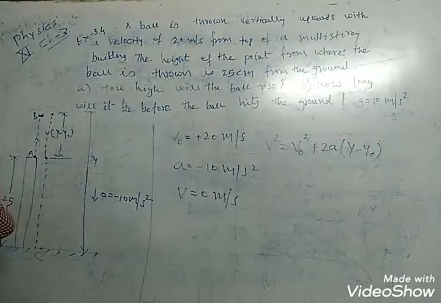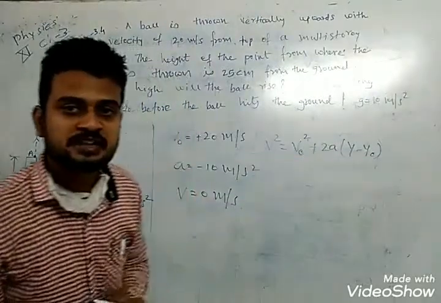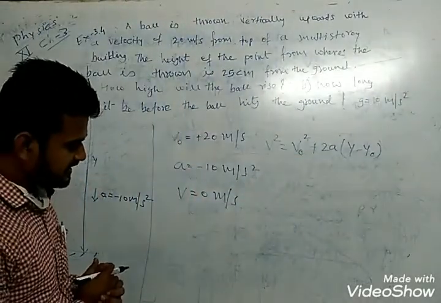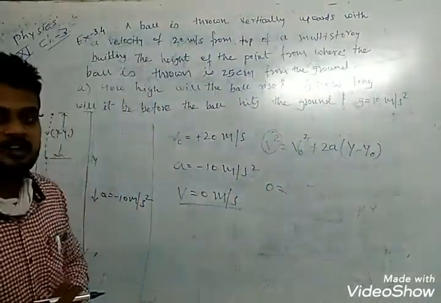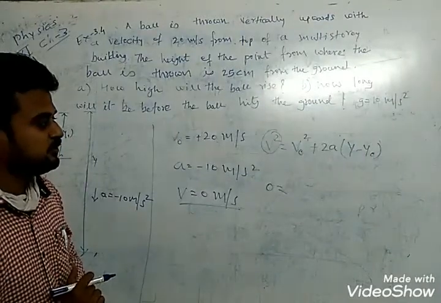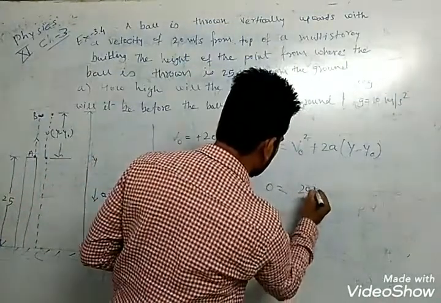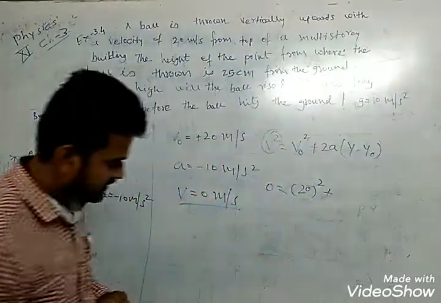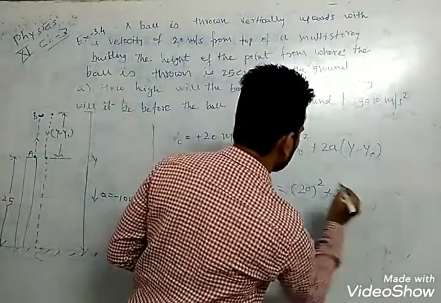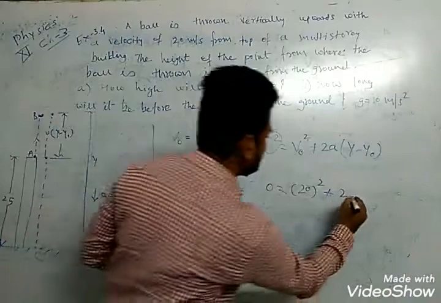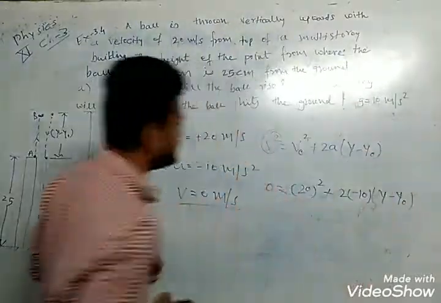The final velocity v is equal to 0, and the initial velocity is plus 20, so 20 squared plus 2 times minus 10 times (y minus y0).